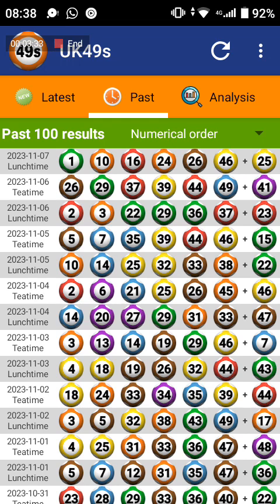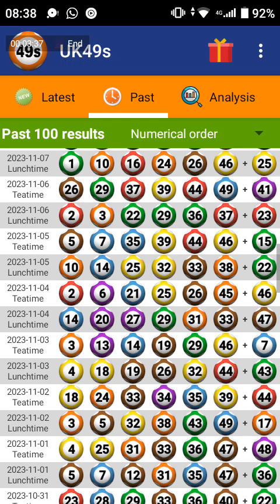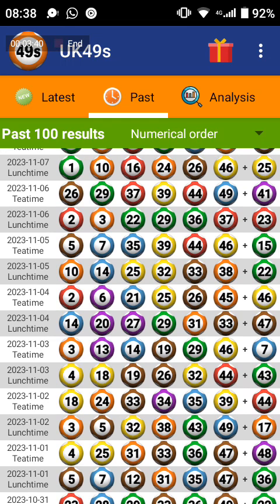Yes. We're having 25, the yellow ball, and 45, the orange ball.